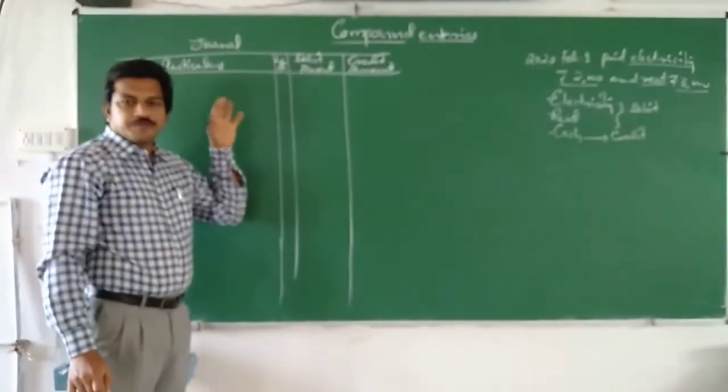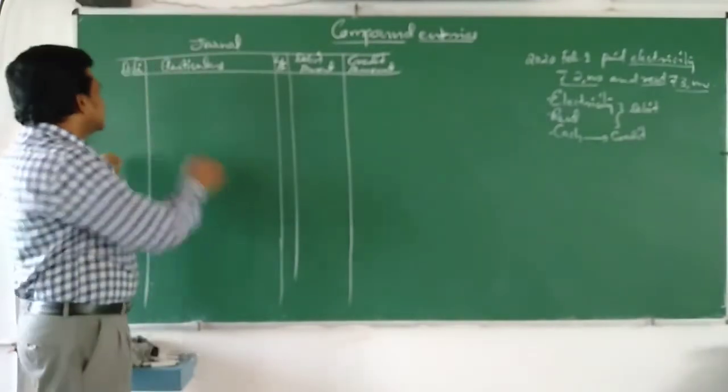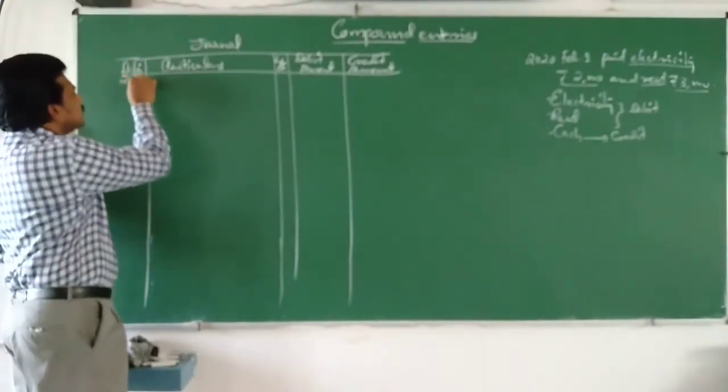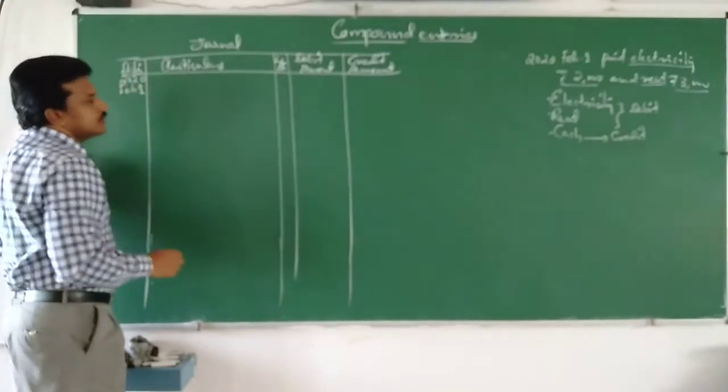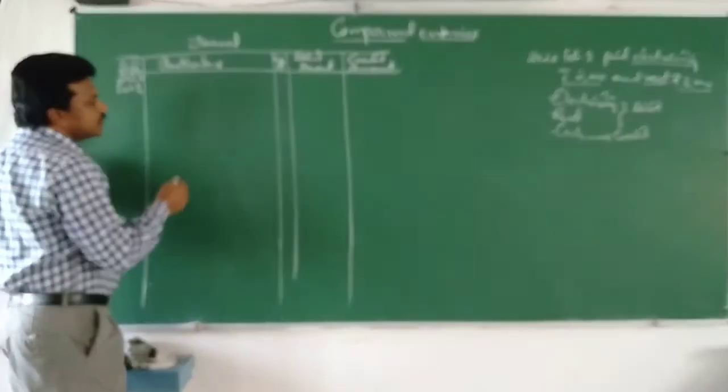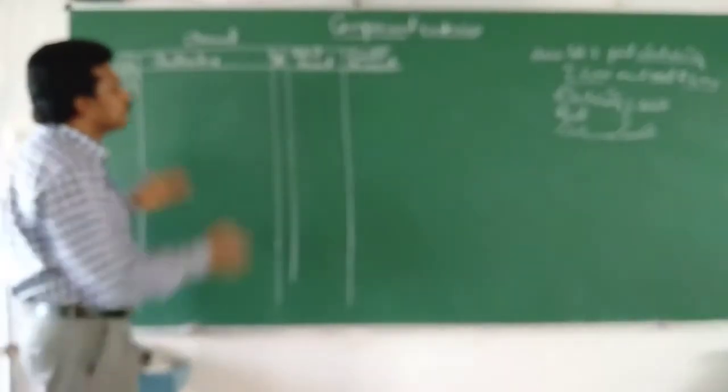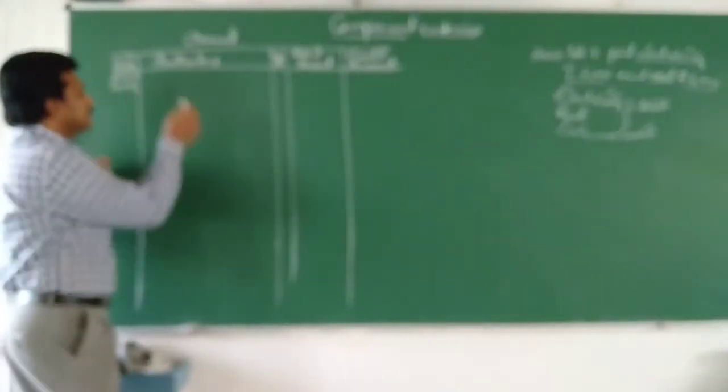First we write the date, 2020 February 1. Rent paid and electricity paid; we have to write both aspects.